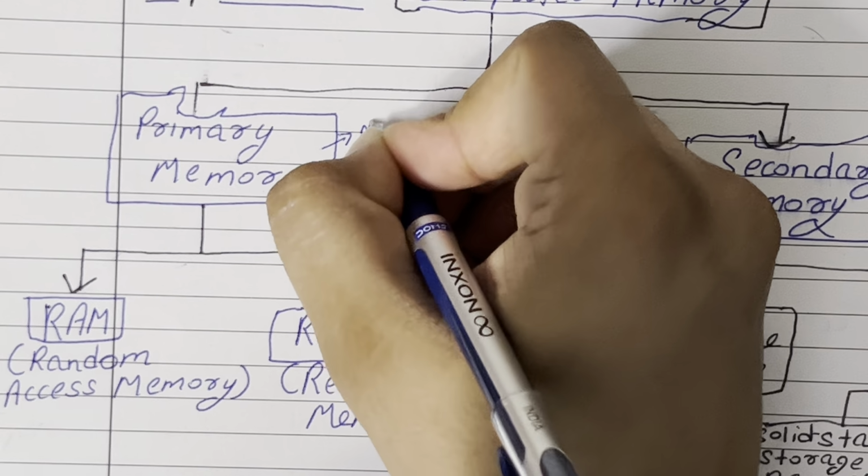It stores only the information which is immediately required by the CPU, and once a program is closed or the computer is turned off, the contents of volatile memory are erased. And if we talk about secondary memory, their information remains stored in the memory.